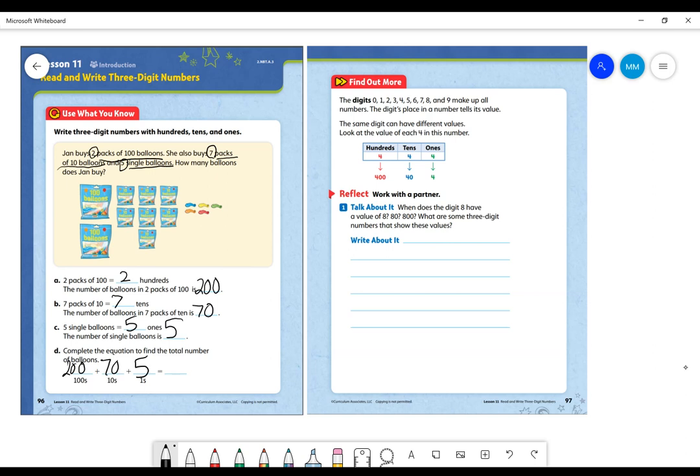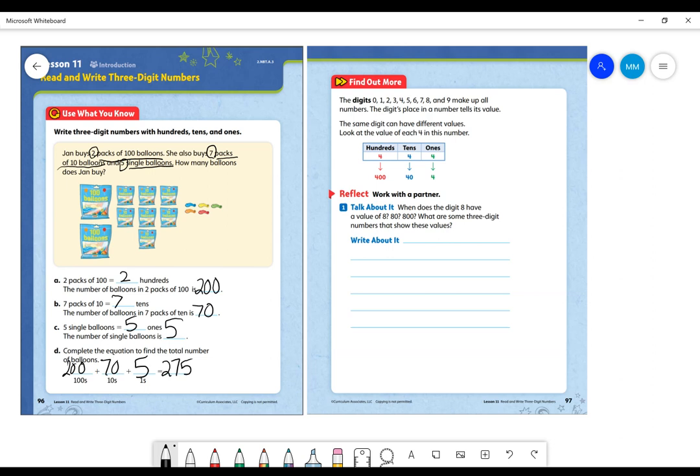So 200 plus 70 plus 5. So we know we have 2 hundreds. We know that 70 is the same as 7 tens and 5 ones. So 200 plus 70 plus 5 is the same as 275.